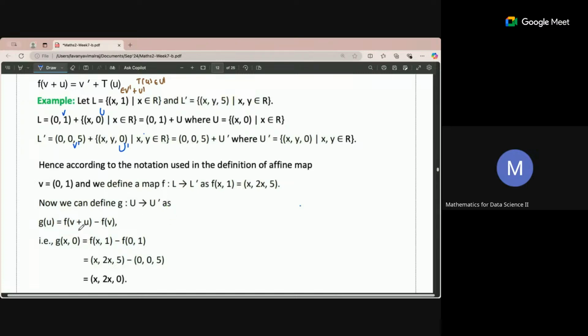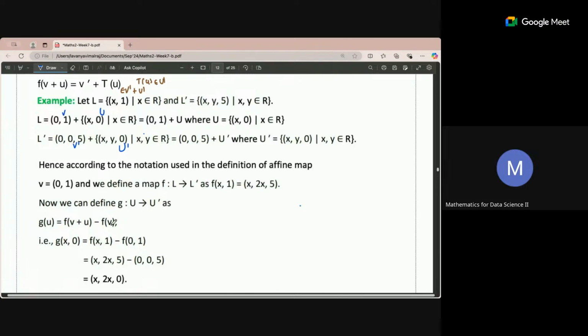So what is this? First of all, we should know U. Any element from here is of the form x comma 0. So f of v plus u means, what is v plus u? v plus u is x comma 1.